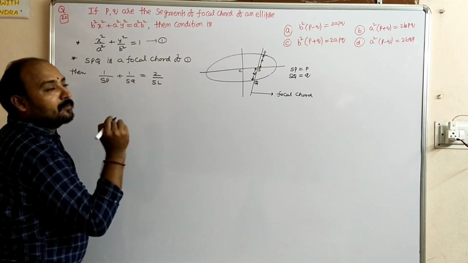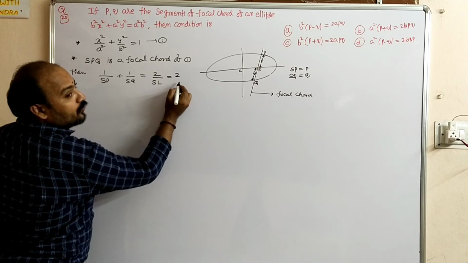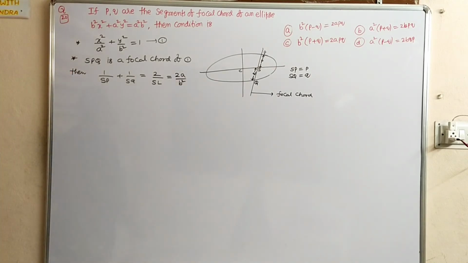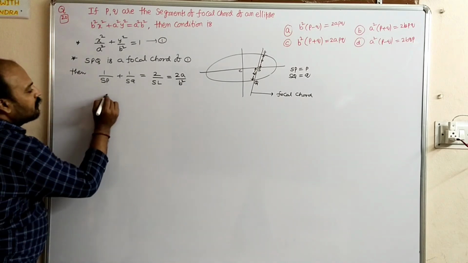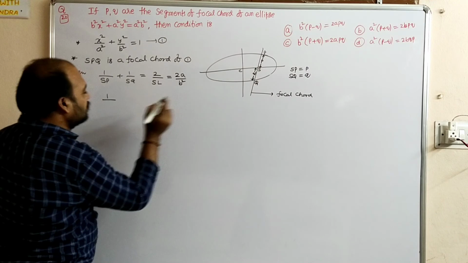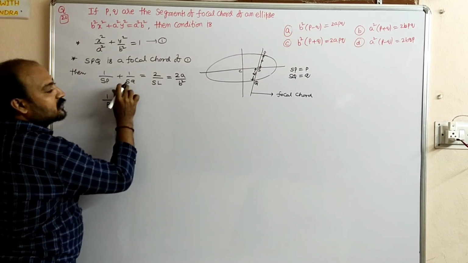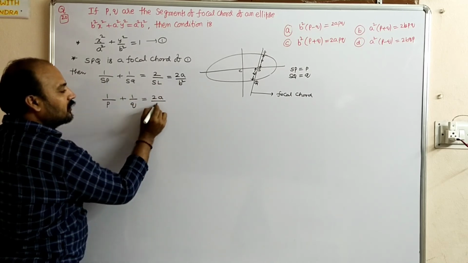According to your convenience, I am writing the general equation only. So 2A by B square, you remember? 2A by B square. So 1 by SP value is p, the segment given, plus 1 by SQ means q, equal to 2A by B square.